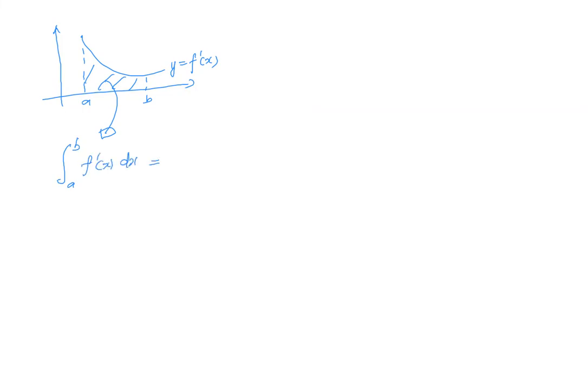You must have the sense of total. Depending on the situation, if we talk about number of people entering the shop, number of people leaving the shop, this is the total amount of f x from x equal to a to x equal to b. So this is one of the very important meanings of the area bounded by the curve.